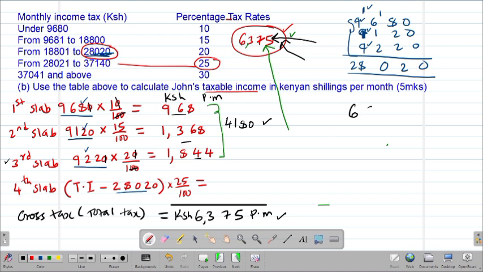So I'll take 63.75 minus 41.80. This is 5, I'll borrow 1 here, this is 2, carry 1, 17 minus 8 will give me 9, then this will be 1, then this will be 2. So we are having 21.95. The remaining amount here was 21.95.